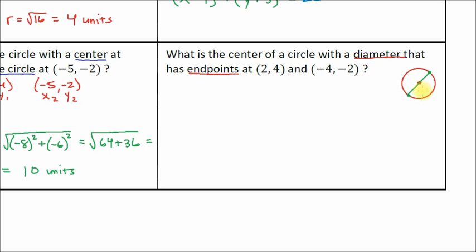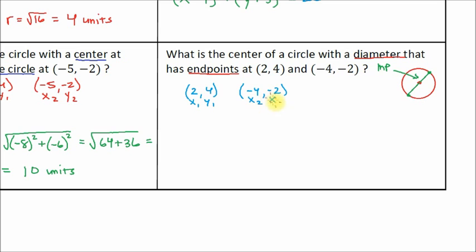And let's even put on here, we are looking for the midpoint, MP. So let's use the midpoint formula. Let's go ahead and write our two coordinates. So we've got 2, 4. Let's label that x sub 1, y sub 1. We've got -4, -2.